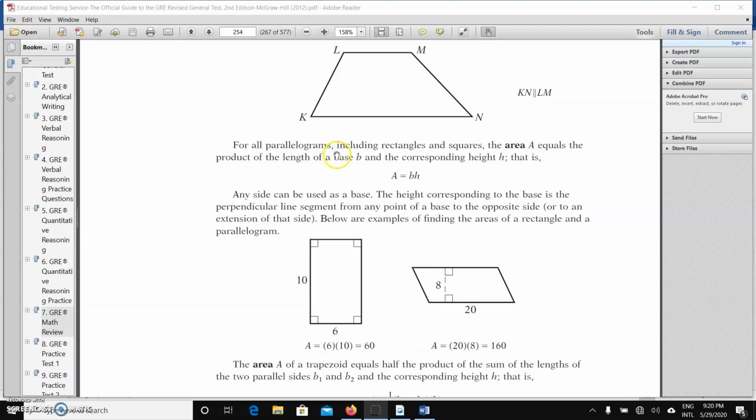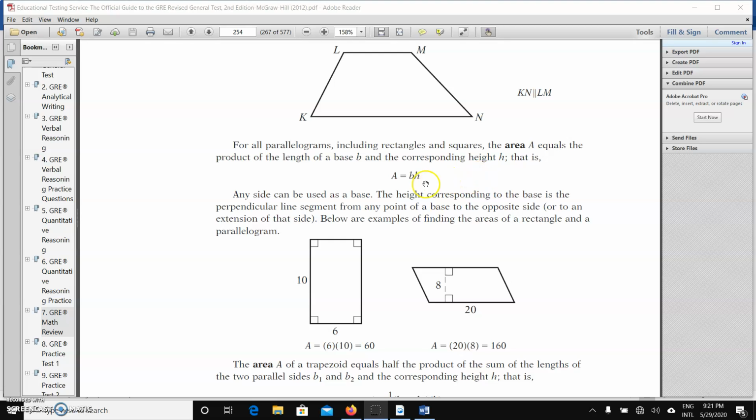For all parallelograms, including rectangles and squares, the area equals the product of the length of a base and the corresponding height.